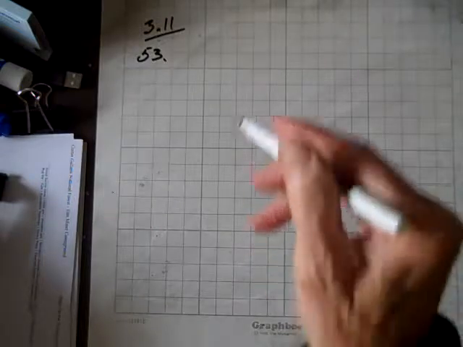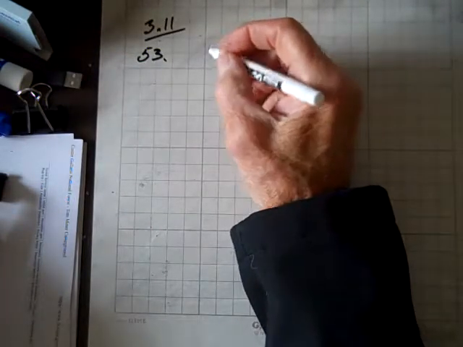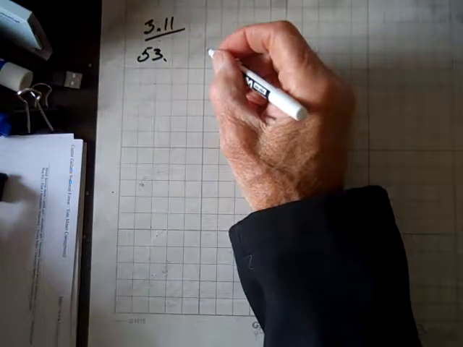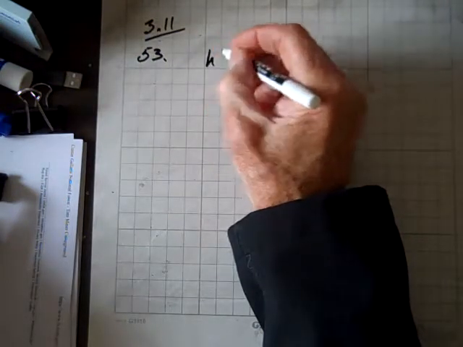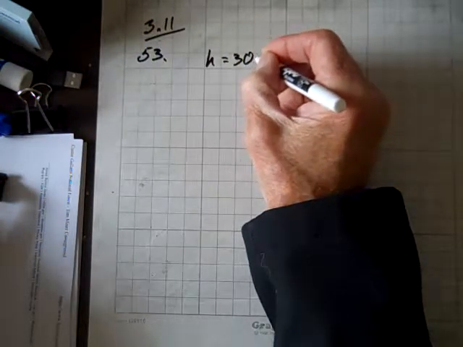Well, now we're doing question 53, and we're told that we've got some cylinder, and you can see the picture, and it has a height of 30 inches.